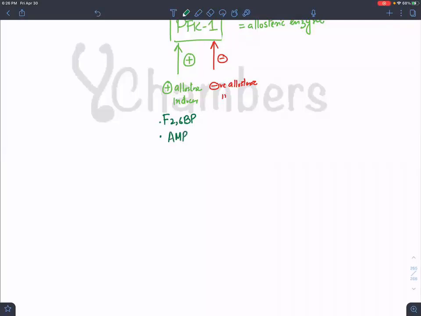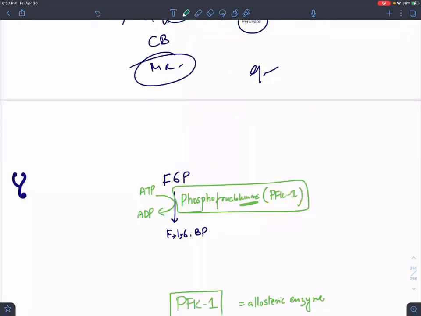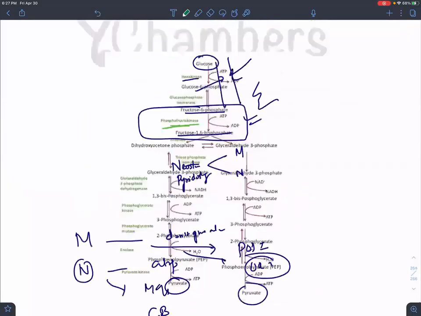If you have more amounts of F26BP, fructose 2,6-bisphosphate, in the cytosol, that is the cytoplasm, you will be inducing this enzyme PFK-1, and this PFK-1 will be converting more fructose 6-phosphate to fructose 1,6-bisphosphate.